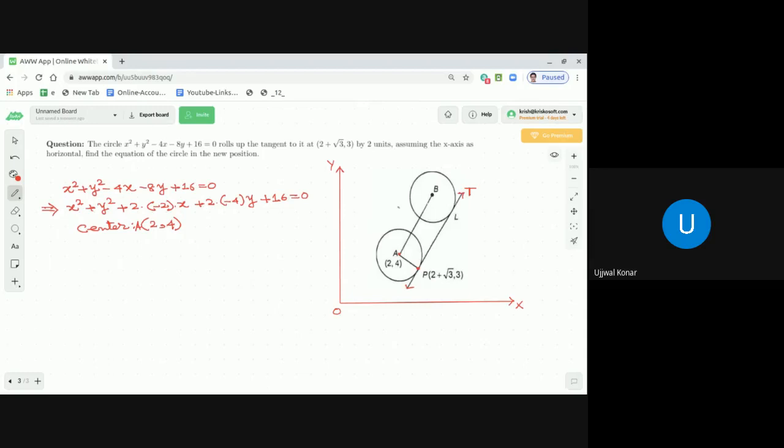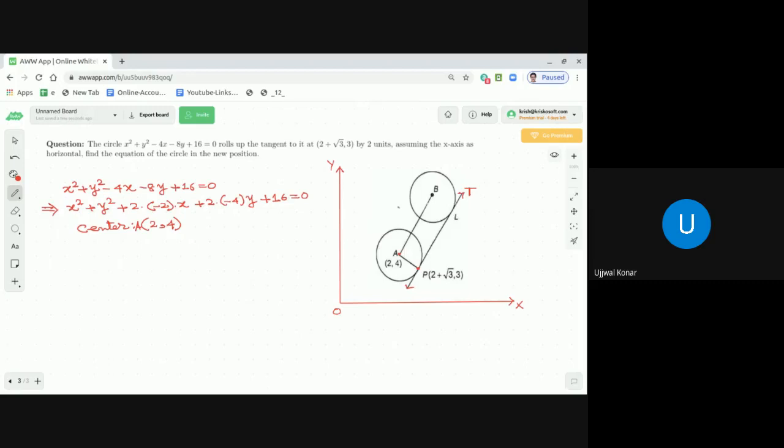Now what happens is that the circle rolls along that line T, which you can think of as a slanting, inclined line. Along that inclined line, the circle actually rolls up and goes 2 units.